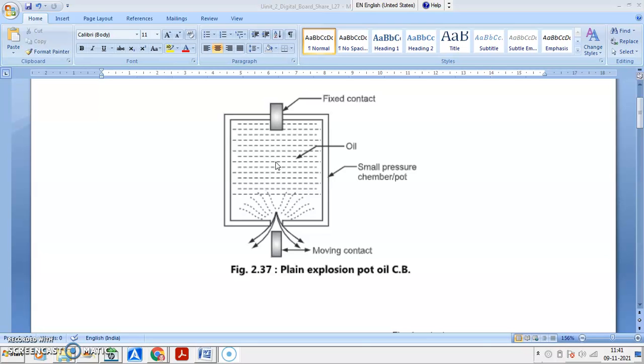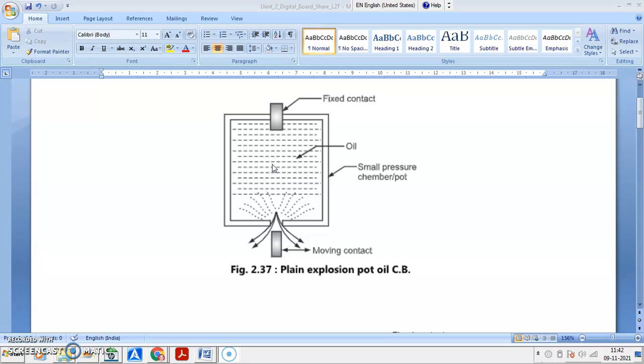This forces oil and gas around the arc, and this oil pressure and gas pressure tends to extinguish the arc. If the arc does not get extinguished while the moving contact is inside the pot, it is definitely extinguished when the moving contact comes out of the pot, because of the oil and gas, particularly at high pressure.